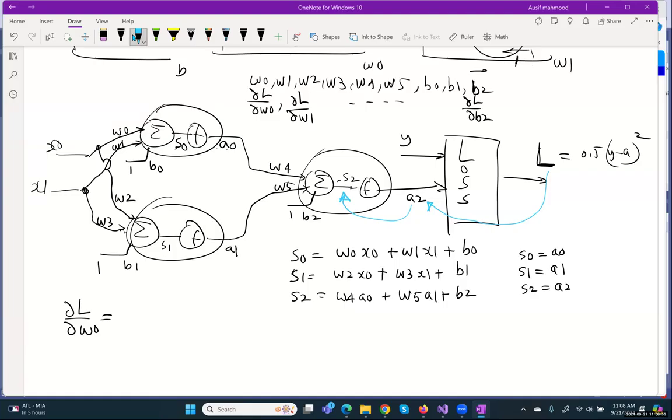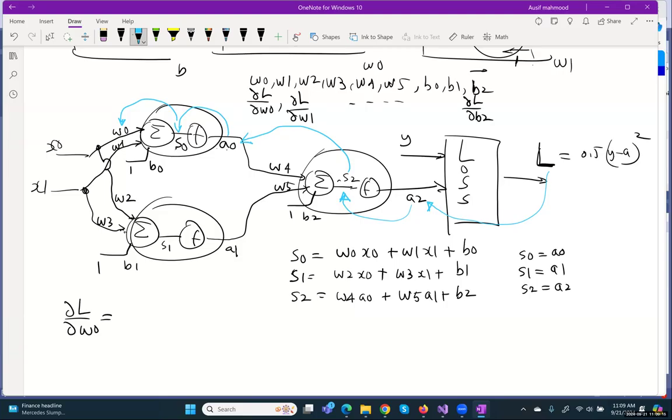Which way is W0? W0, you can see, is in this path over here, the top path, right? So S2 to A0, and then A0 to S0, then S0 to W0. So this will be your strategy.